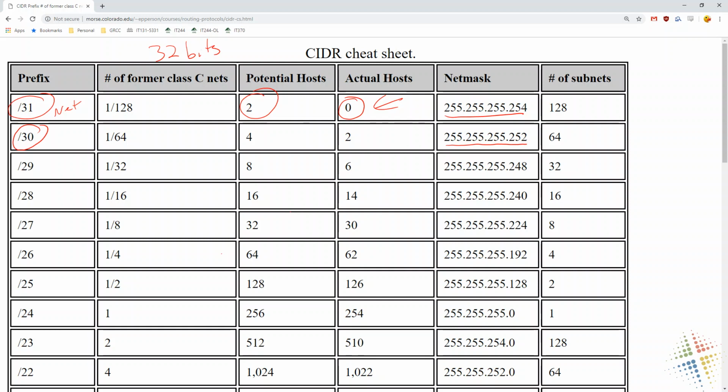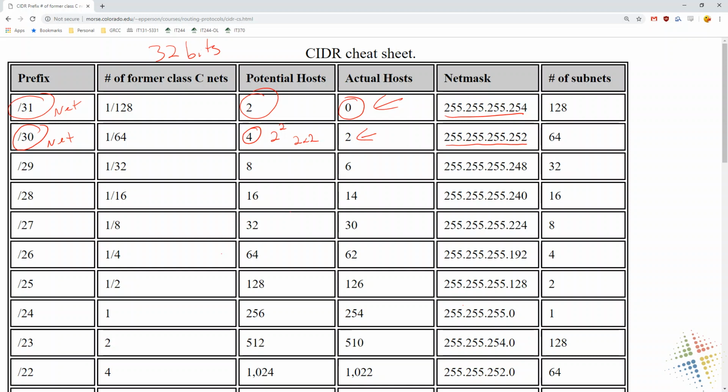Remember, 32 bits total, 30 of them for the network, which means I have 2 bits for my hosts. 2 times 2 is 4, so 2 to the second gives me 4 potential hosts. I have 2 addresses which are reserved, my broadcast address and my network address, which means usable, I have 2 addresses.